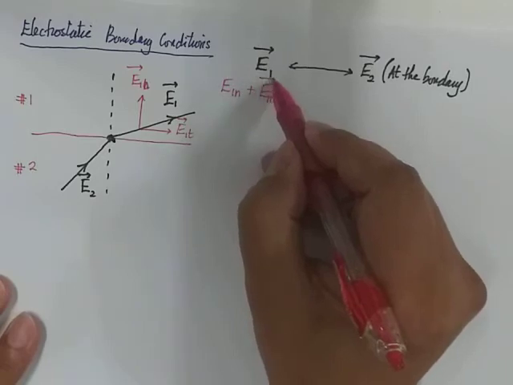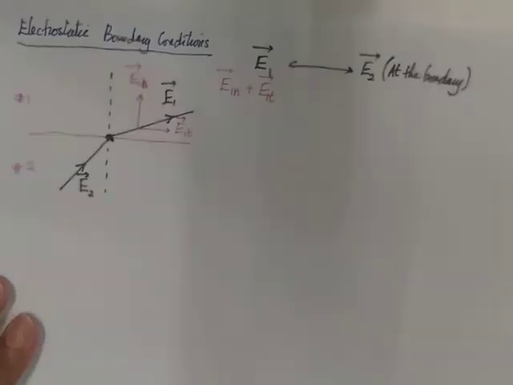Is it allowed in terms of mathematics? I think it's allowed because we are splitting the field into two components: one component normal to the boundary, another component parallel to the boundary. In mathematical terms, they are valid.